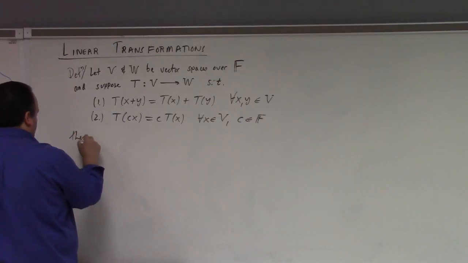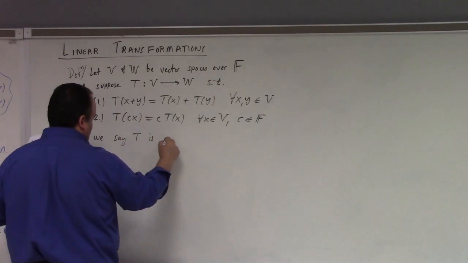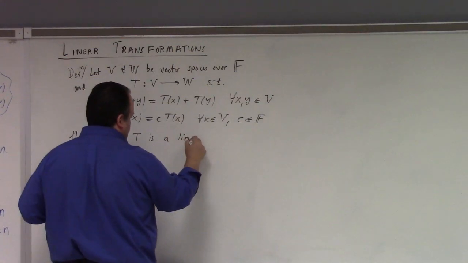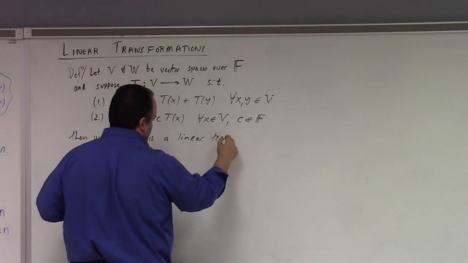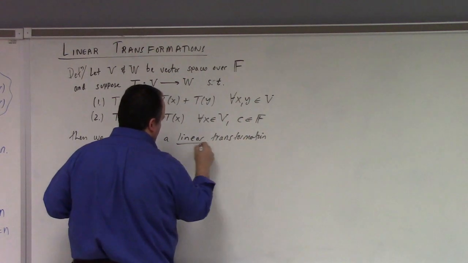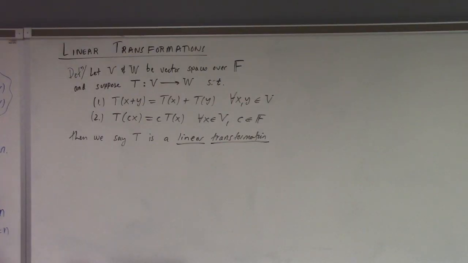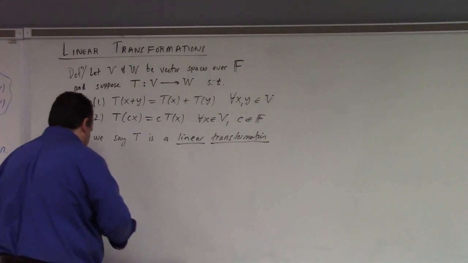Then we say T is a linear transformation. We also would call it a linear map, because sometimes saying transformation is a drag, so map is easier to say.